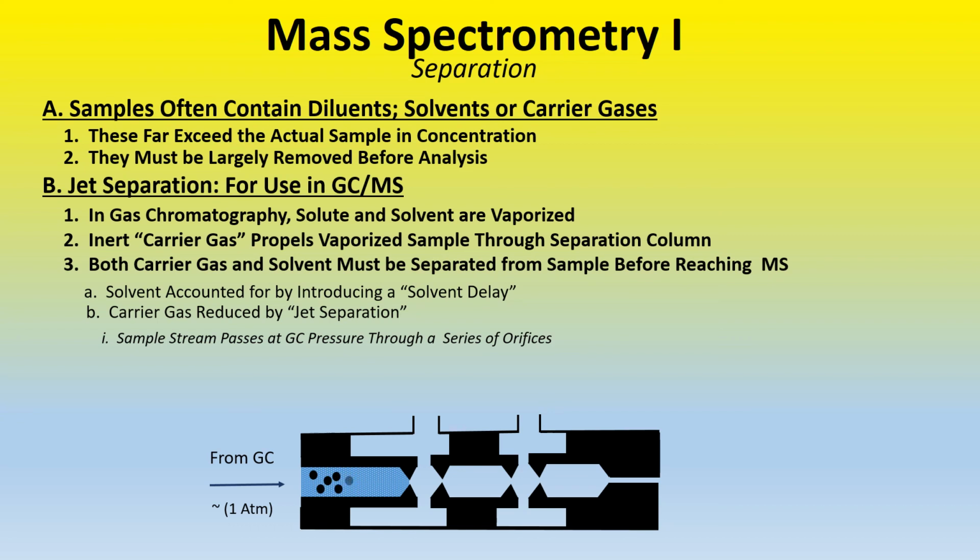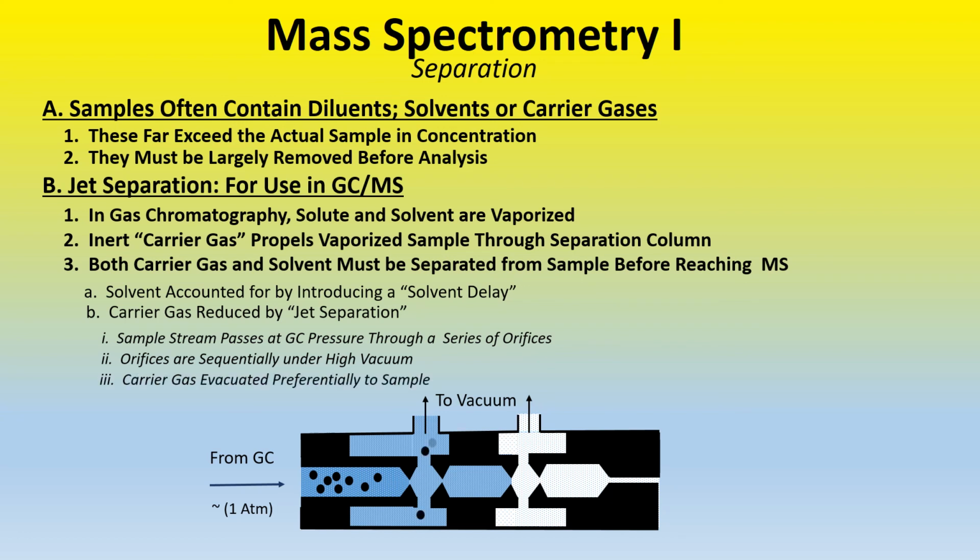This high-pressure stream is sent through a series of orifices to restrict the flow. These orifices are sequentially under higher vacuum. Since the carrier gas is first a gas, and generally helium, very light, it will be evacuated preferential to the sample. So after several orifices and several vacuum treatments, a concentrated sample with almost no solvent and almost no carrier gas is sent to the mass spec.